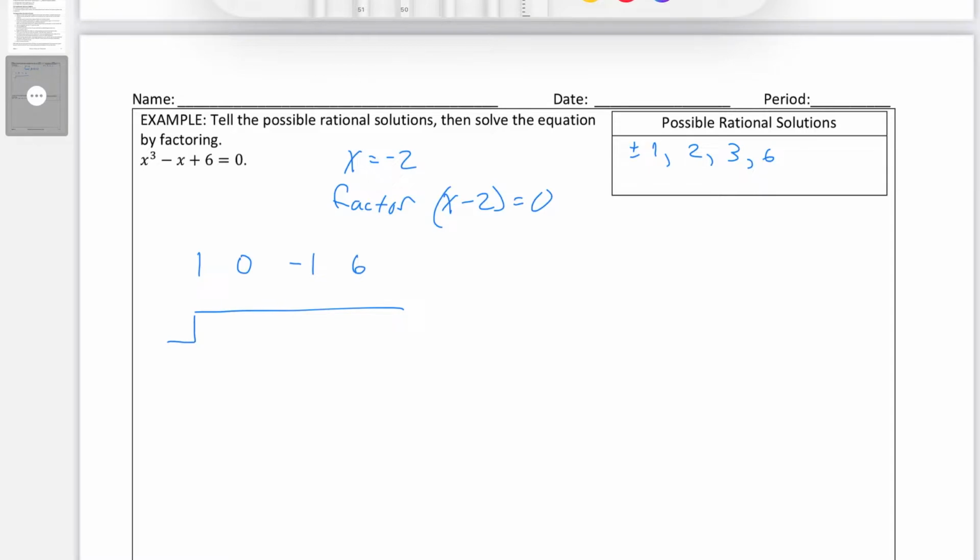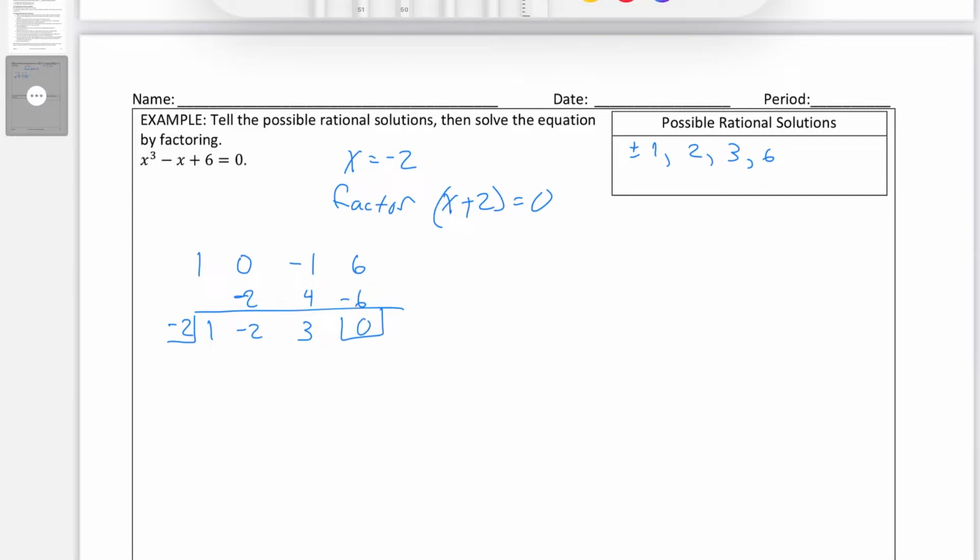And we're going to do a synthetic divisor of negative 2. So the factor would have been an x plus 2. So here's the synthetic division. Drop the 1, multiply, negative 2, add, negative 2. Multiply, positive 4, add, positive 3. Multiply, negative 6, add, 0.